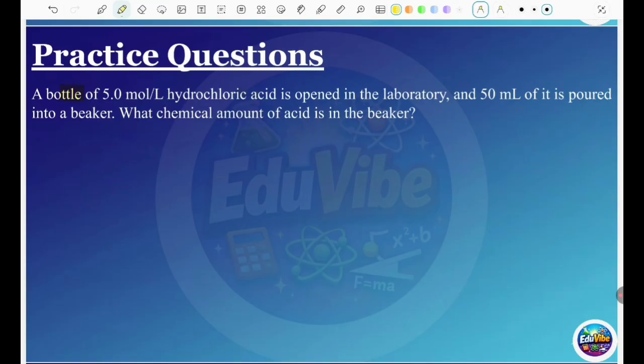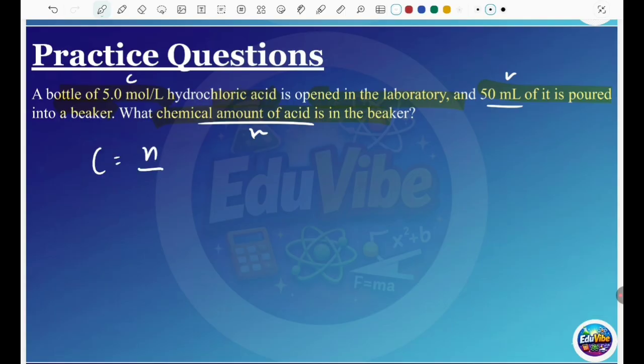The question says a bottle of 5.0 moles per liter hydrochloric acid is opened in a laboratory and 50 mL of it is poured into the beaker. What chemical amount of acid is in the beaker? They give you the C and they again give you the V, but you have to find the n. So it's the same thing.